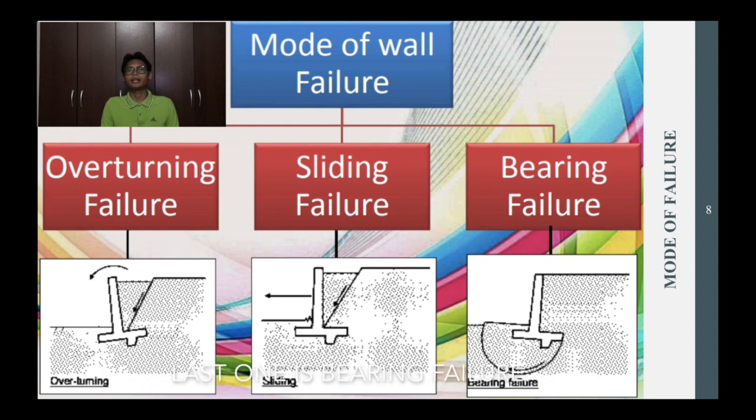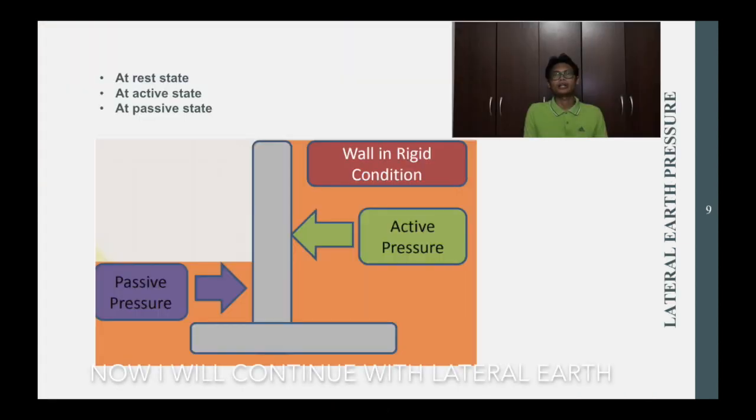Last one is bearing failure. Bearing failure is when the pressure exerted by the resultant vertical force at the toe of the wall exceeds the allowable bearing capacity of the soil.